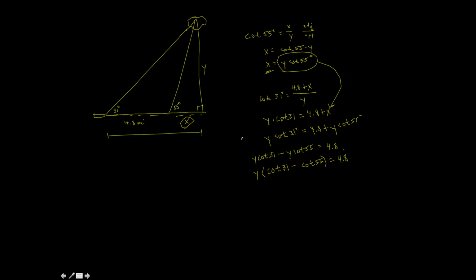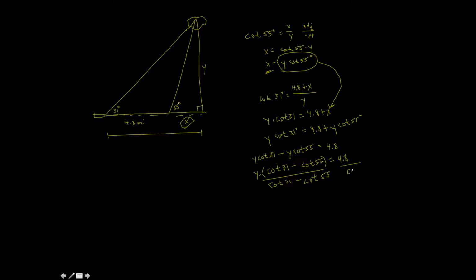And now our goal is to solve for y. So we've got y right here. We just need to divide by cotangent 31 minus cotangent 55 on both sides.